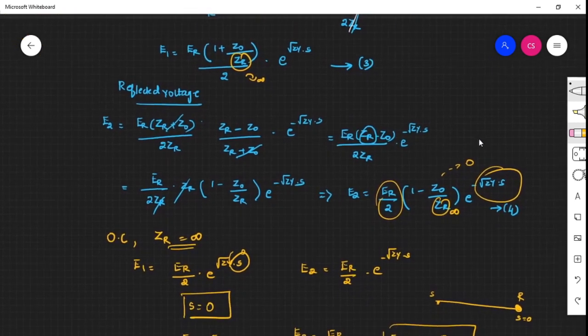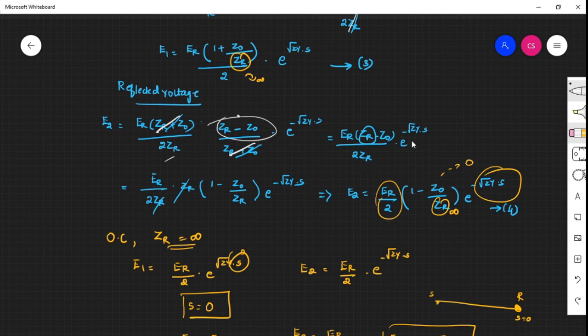The reflected voltage component is multiplying with the second component in the bracket. Therefore, we get ER into (ZR plus Z0) by 2ZR into the second component, which is (ZR minus Z0) into e power minus root of ZY into S. So we can cancel out this term and this term, and therefore we get ER by 2ZR into (ZR minus Z0) into e power minus root of ZY into S. We will take this ZR commonly outside.